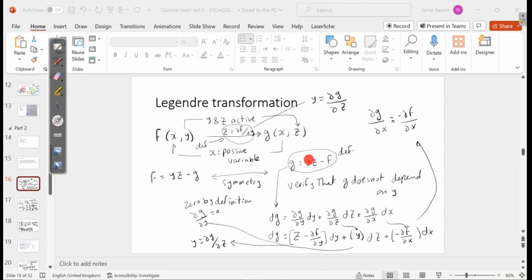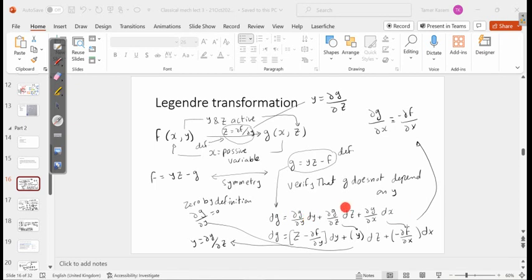Now it may be the time to verify that g does not depend on y. Someone will argue: how is g a function of x and z only, although the definition of g includes y and z and f? So to see this, let us get the total derivative of g. The total derivative of a function g is equal to the partial derivatives multiplied by the differentials.